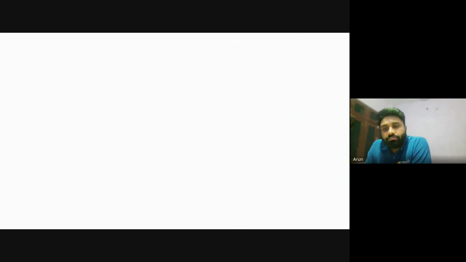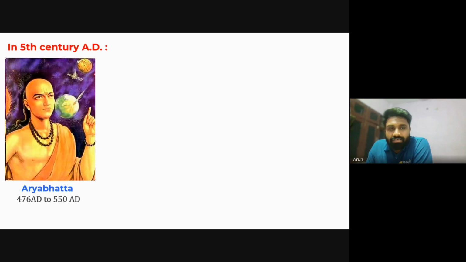So this conclusion or this model was accepted widely at that time without any objection. But the scenario changed with Aryabhata and Galileo Galilei. They made very keen and fine observations of the universe and developed some philosophical theories that we would study.